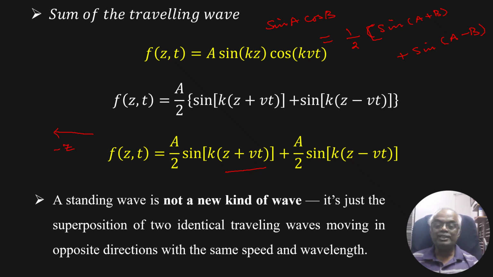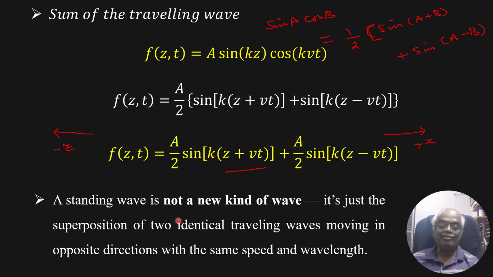Then what about the second one? When t increases, z has to increase in order to keep z − vt constant, because k is a constant. So it moves to the right, the positive z-axis. If you add these two traveling waves, the first traveling left and the second traveling right, you get a standing wave.